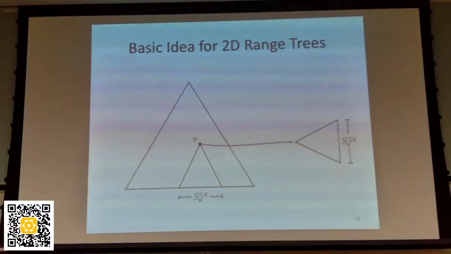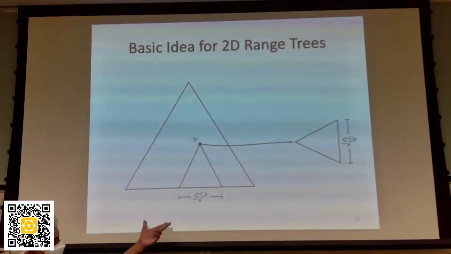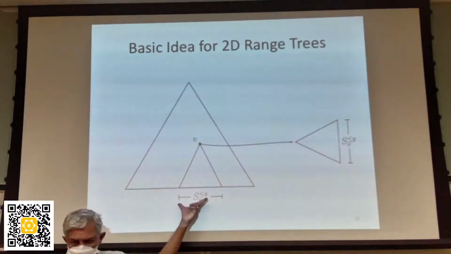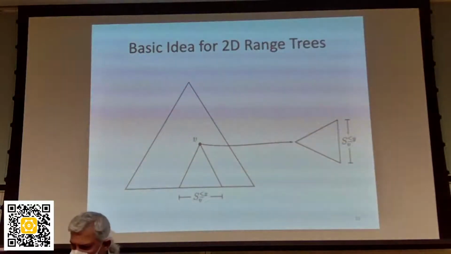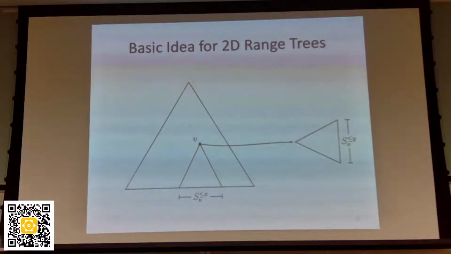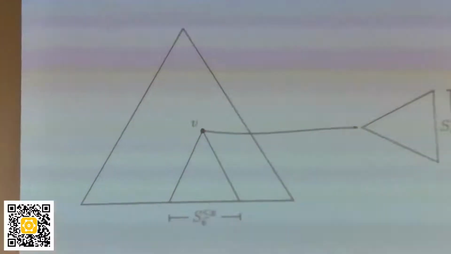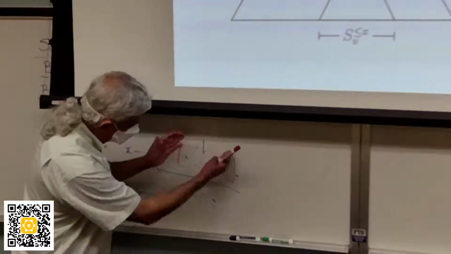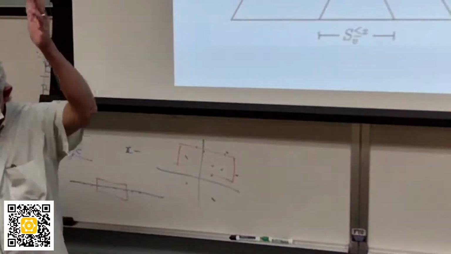Now I'm going to ask you the question, tell me all the people, all the values that are in this x range and also in some y range. And you're going, how am I going to do this? I'd have to go and look at everything because the x values and the y values have no connection to each other, right? If you look over here, the x values and y values are scattered all over the place. So even though I take the x values between here and here, it's going to have a whole bunch of other things that fall outside the y range that I want.